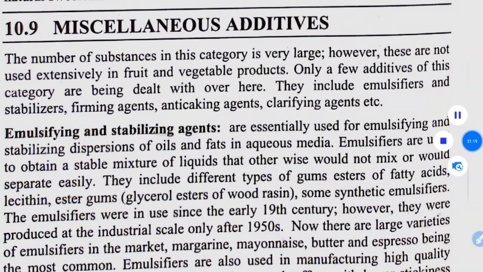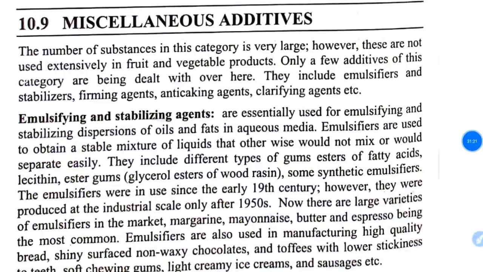Then miscellaneous additives, which are emulsifying and stabilizing agents, like lecithin, esters, gums, fatty acids, and some synthetic emulsifiers. They are used in the food industry for liquids which easily separate from each other.